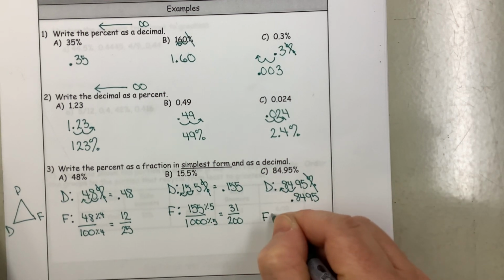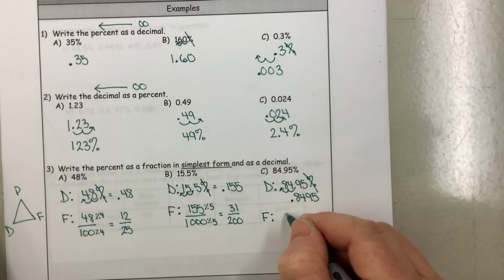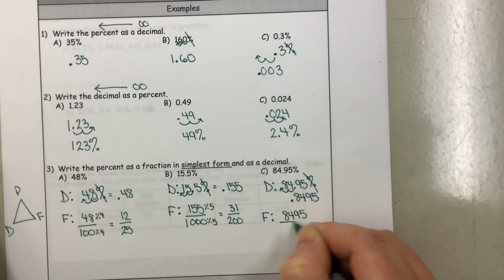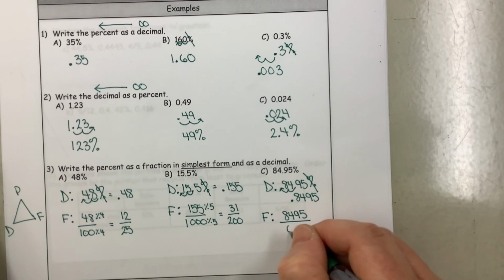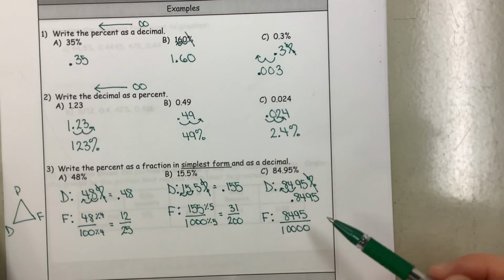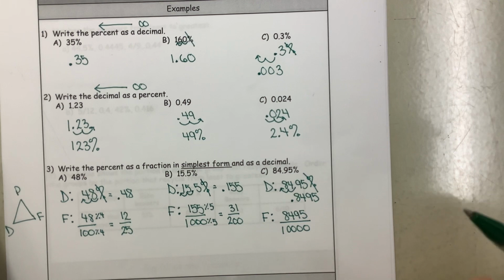So my fraction then is 8,495 over, so there's 1, 2, 3, 4 spots. That means I have 4 zeros and a 1. So 8,495 over 10,000. Again, it can be reduced by the 5.